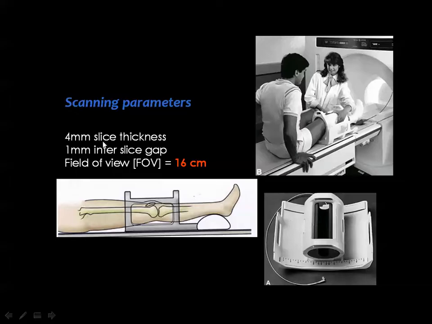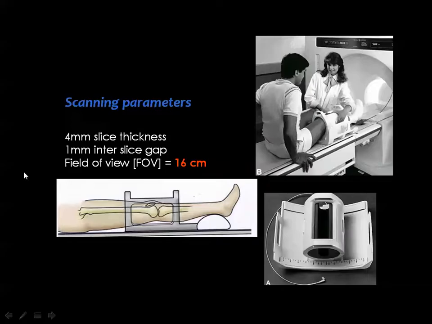The slice thickness is 4 millimeter, and we may leave 1 millimeter inter-slice gap. And in all joints, the selection of the suitable field of view is extremely important. And if you selected a large field of view, then the anatomic details will be very small.